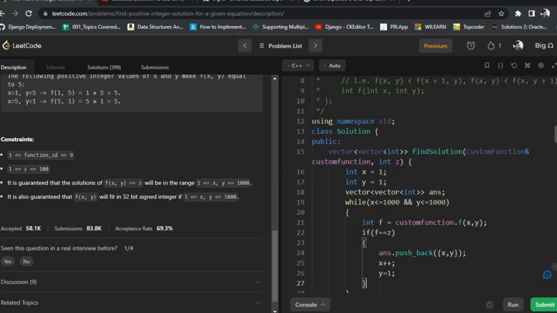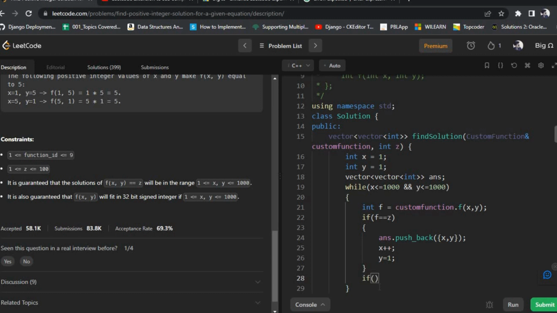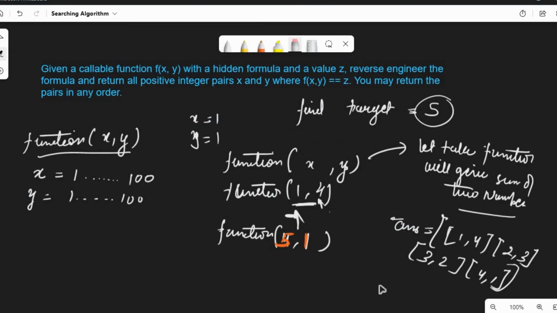Now if z is greater than f, which means that if we send 1 comma 1, 1 comma 2, 1 comma 3, 1 comma 4, in this case we get 2, 3, 4, and 5.